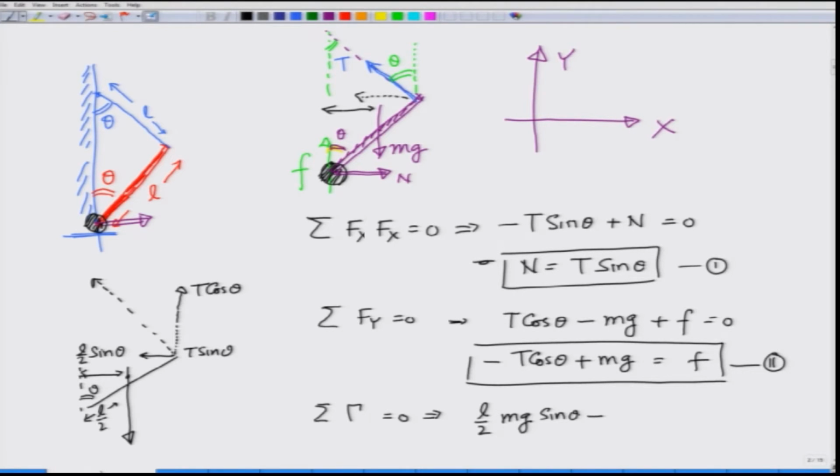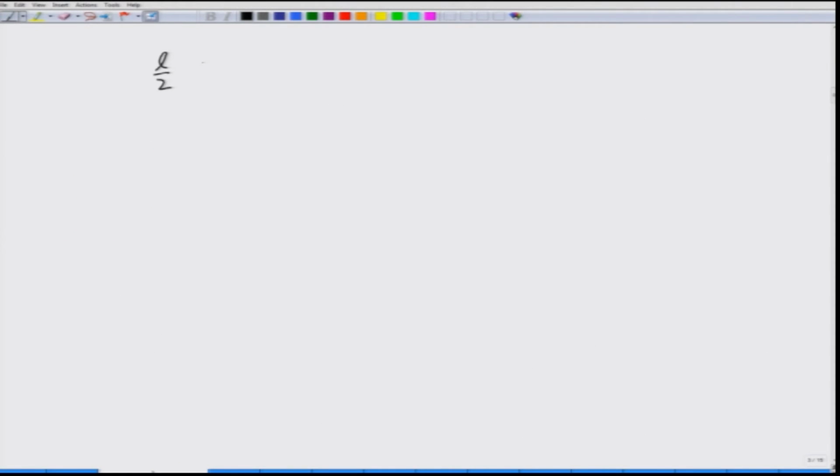So, they are going to be with a minus sign, minus T sine theta times this distance from the point is L cosine of theta, L cosine of theta minus T cosine of theta times L sine of theta is equal to 0, and this gives me L by 2 mg sine of theta is equal to 2 T L sine theta cosine of theta.